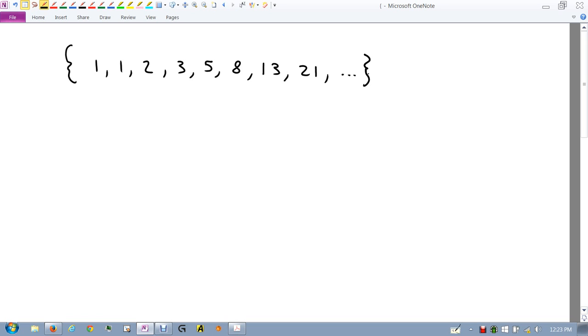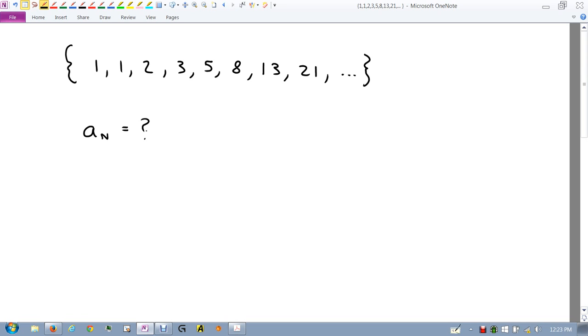How many of you have seen that sequence before? This is the Fibonacci. So there's no way to define it easily with a formula. And because of that, we have to have another way. There's another way you can define sequences, and that's called a recursive definition.